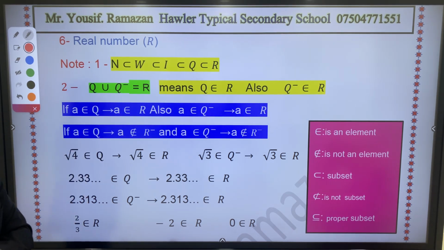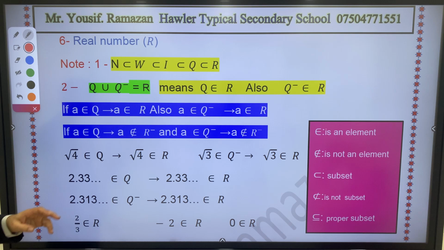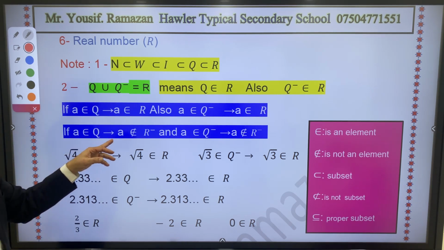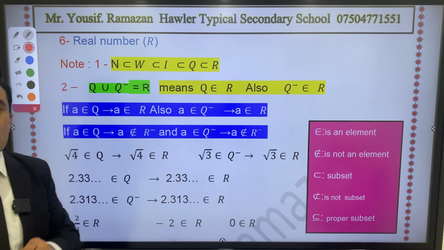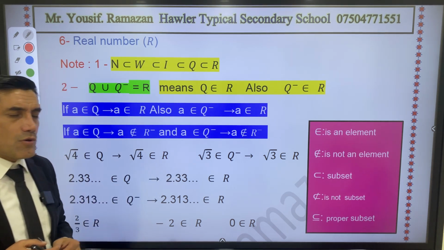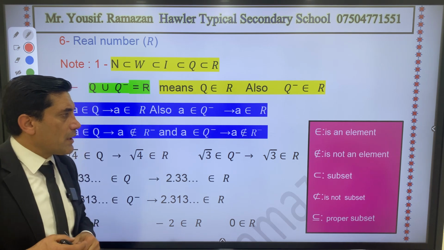Also, if it belongs to irrational numbers, it belongs to real numbers. And if it belongs to rational numbers, it does not belong to R prime. What does R prime mean? R prime means not real. For example, the square root of 4 belongs to rational numbers and also to real numbers. And the square root of 3 belongs to irrational numbers and also to real numbers.